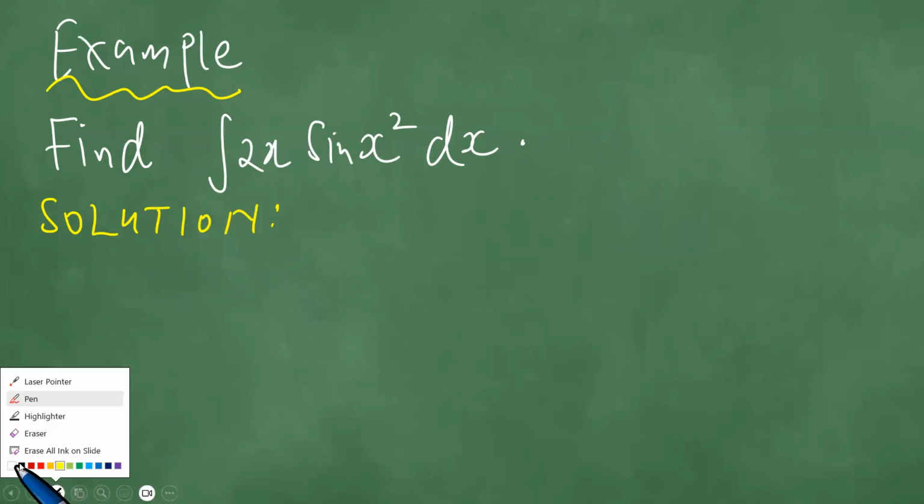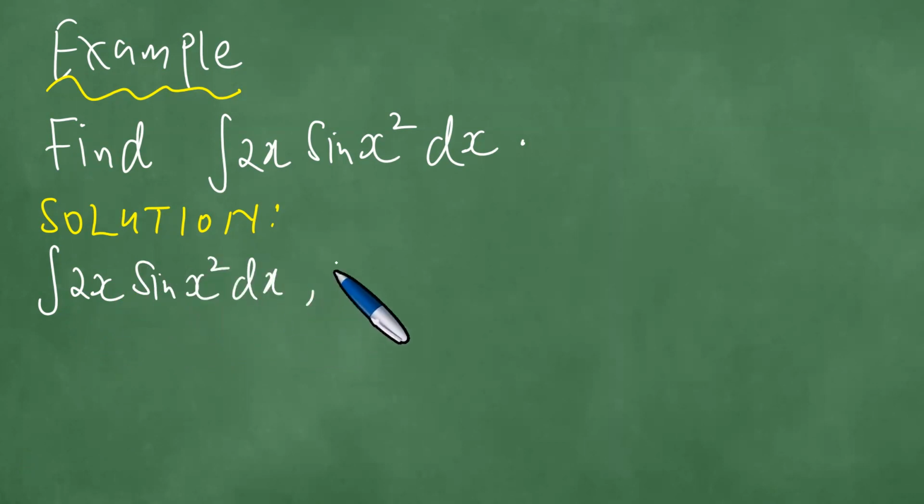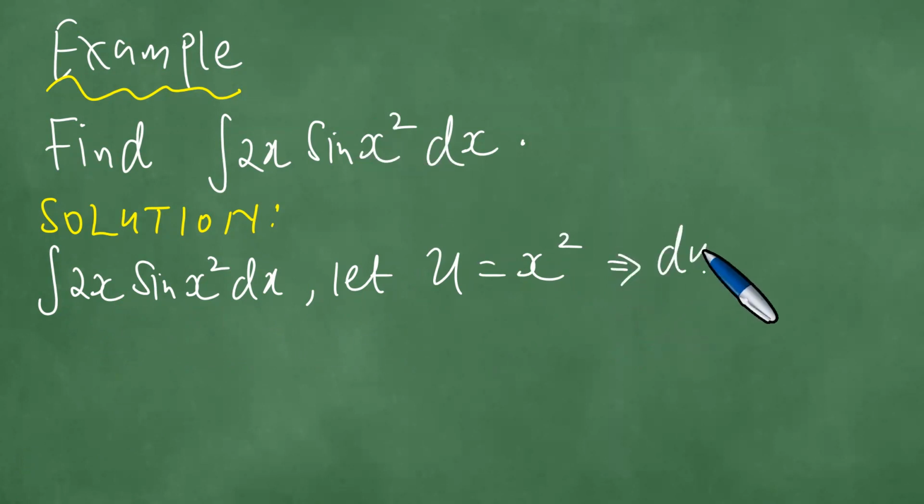Right, in doing this, there are a couple of things we need to consider. We let u be exactly x squared. And that means du, the derivative of this, is twice x dx.